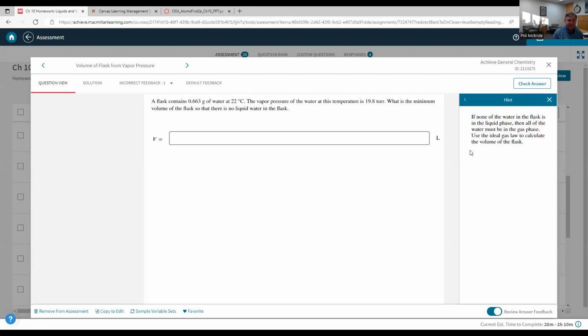We have T as 22 degrees Celsius, and the pressure is 19.8 torr. And then R is a set value.